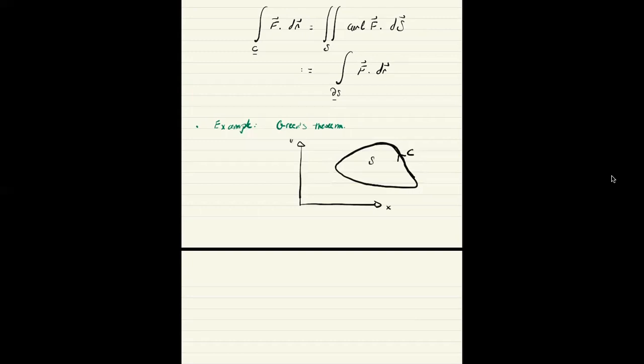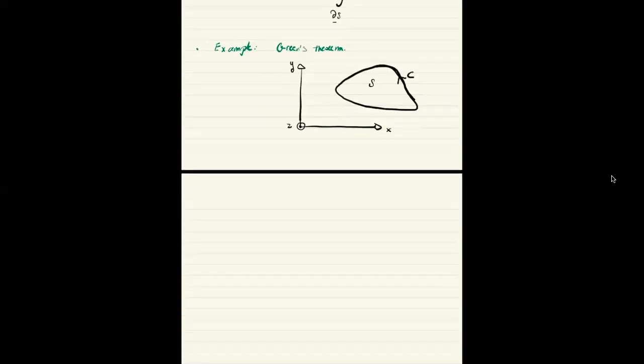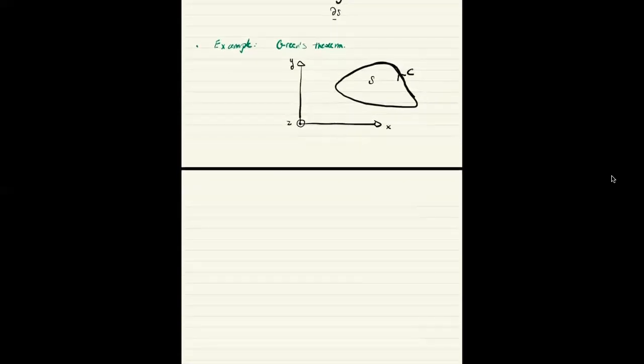Now the thing is, this is the z-axis here, right? There's the z-axis that points towards you right now. But the surface lies on the xy plane, and we have a vector field F that is Pi + Qj, right?